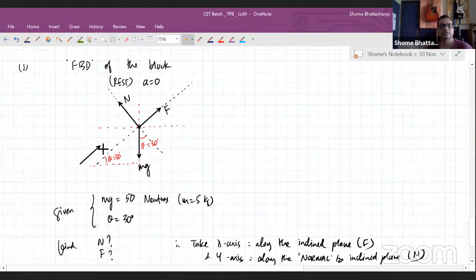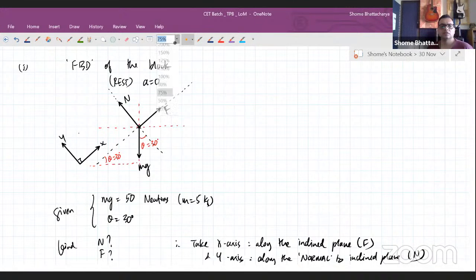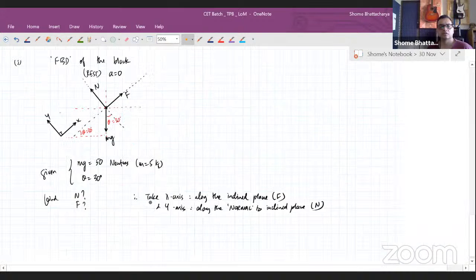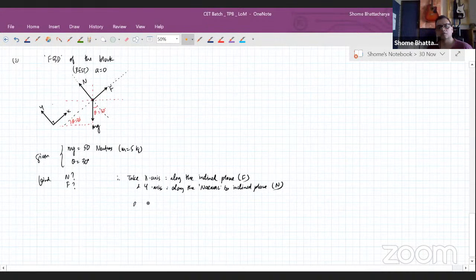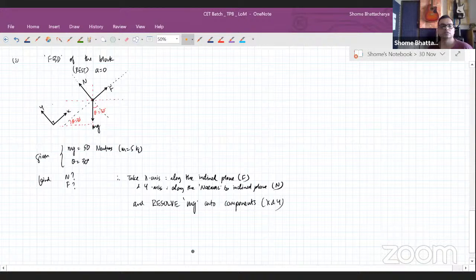We will take this direction as our x-axis along the inclined plane, and perpendicular to the inclined plane as our y-axis. Okay. So we'll do that, and next we will resolve the weight mg into components, x and y components.